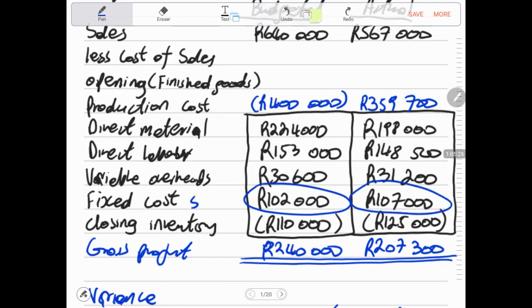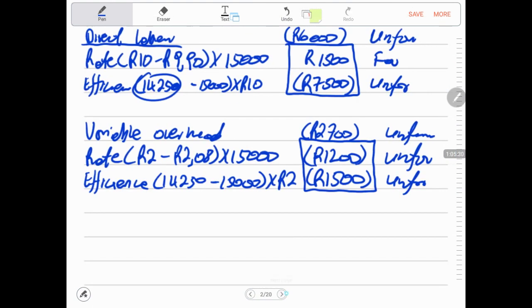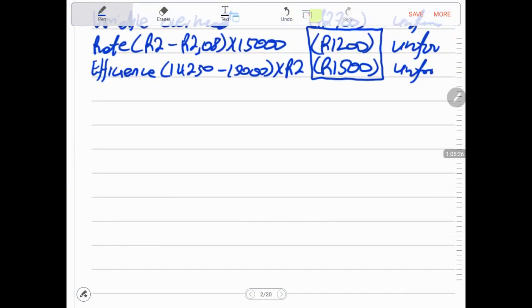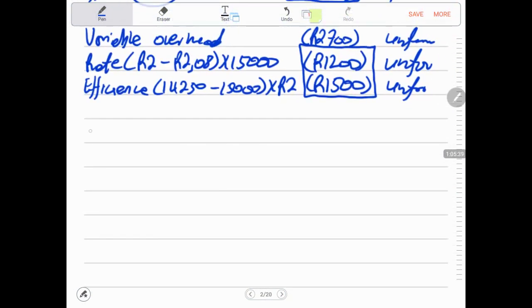I did calculate that before already. So that is where this variance is coming from. Very straightforward and very easy variance. Oh, there's still some space. I must record it at the bottom here. I thought it's the end.